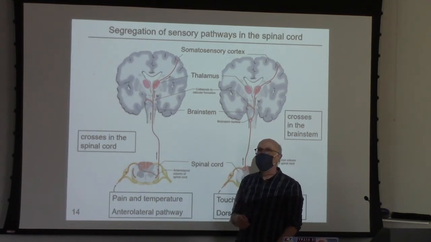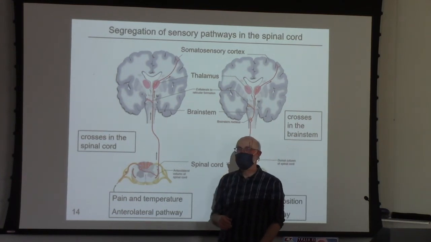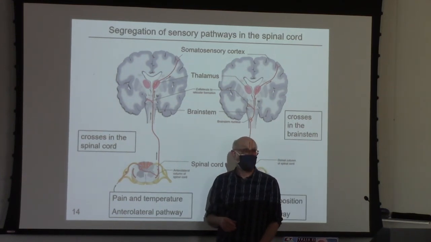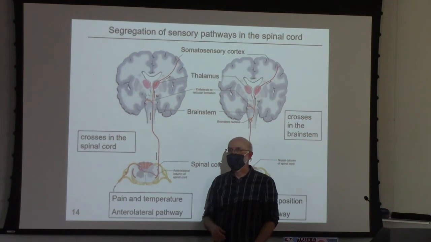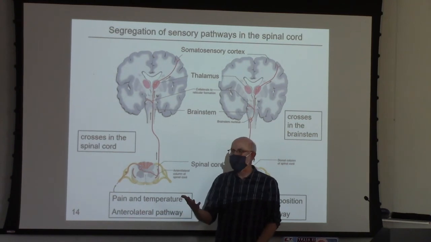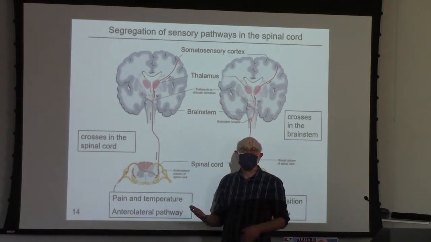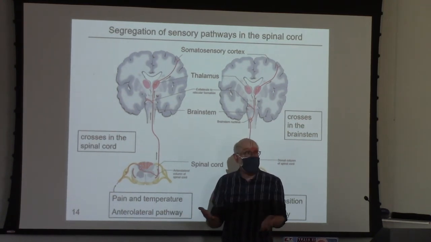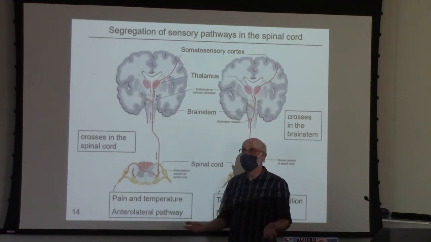You might think that that would be an advantageous mutation, but those people don't live very long. They put their hand on a hot stove and they just leave it there because it doesn't hurt until they realize, oh, I've just burned the hell out of my hand. They still get infections, they still get burned, but they don't feel pain.